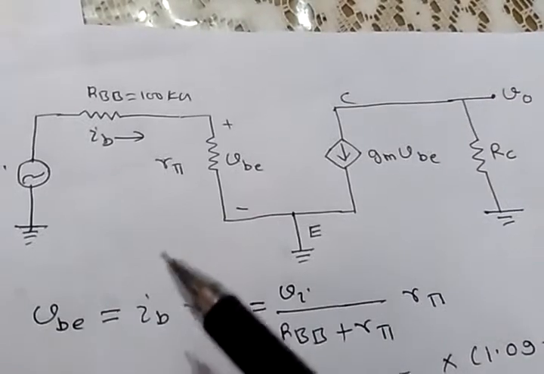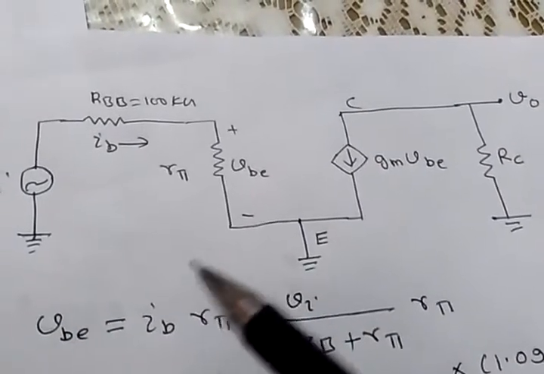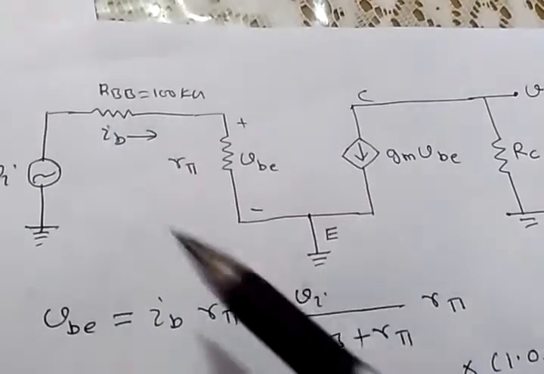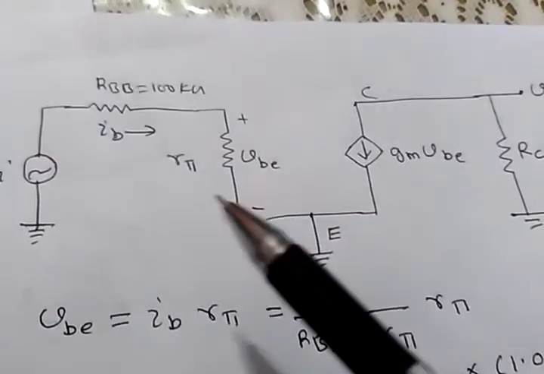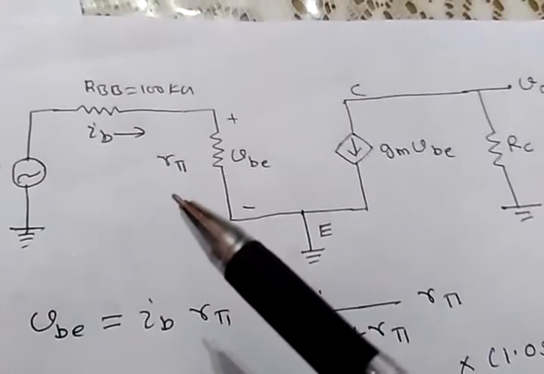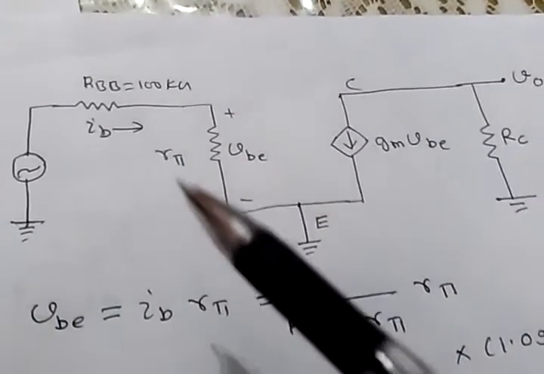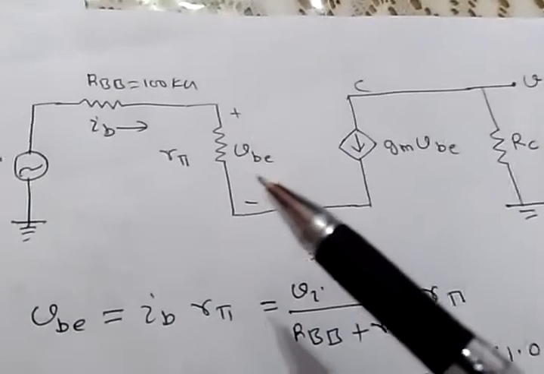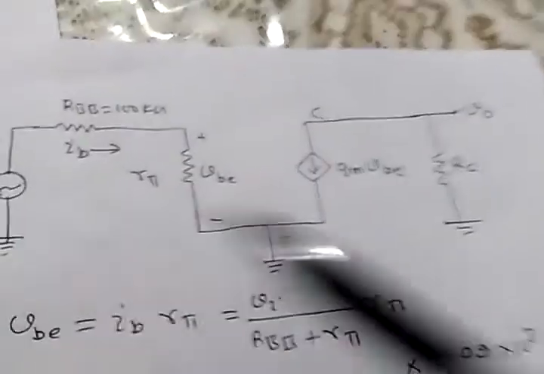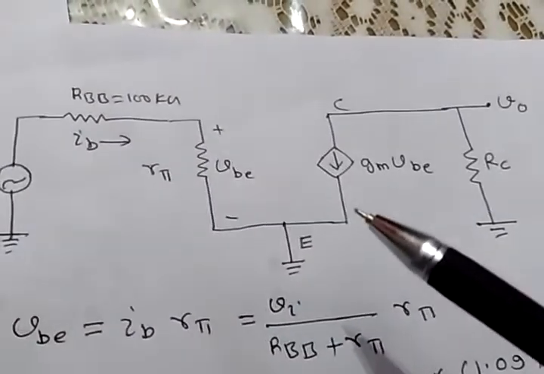In this figure, in place of the transistor, we have drawn the hybrid pi model. Here R pi is the input resistance between base and emitter looking into the base. VBE is the base emitter voltage due to the input signal Vi. Gm is the transconductance.